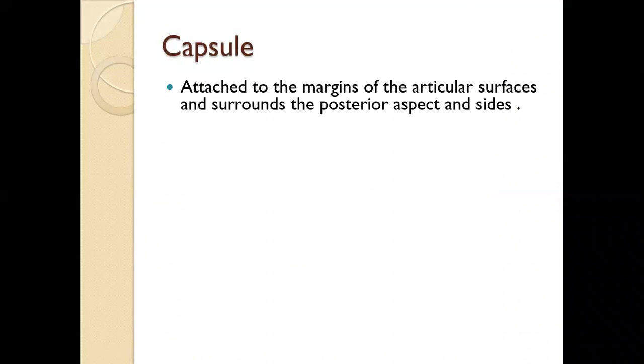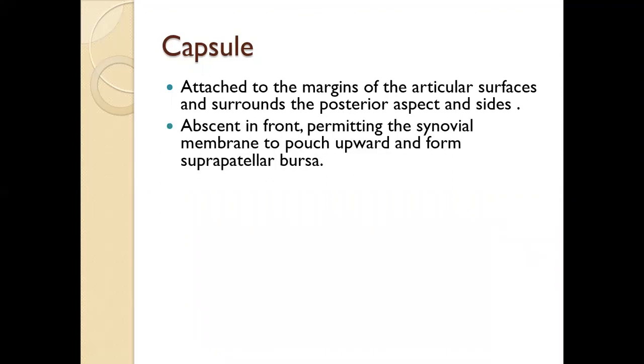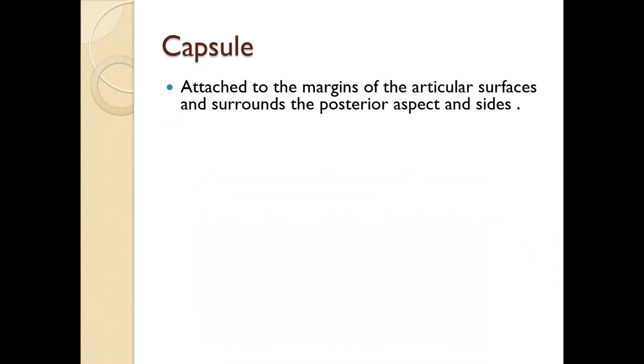Talking about the capsule of the knee joint, it is attached to the margins of the articular surfaces and it surrounds the posterior aspect and the sides, right? Just like the four walls of a room, the capsule is present on the lateral wall, medial wall, and posterior wall, but the anterior wall is different.